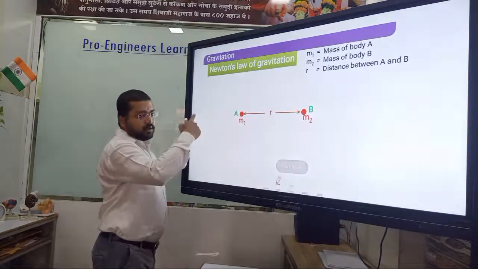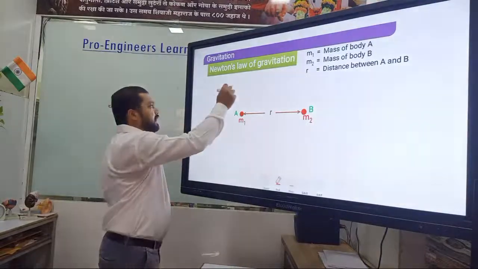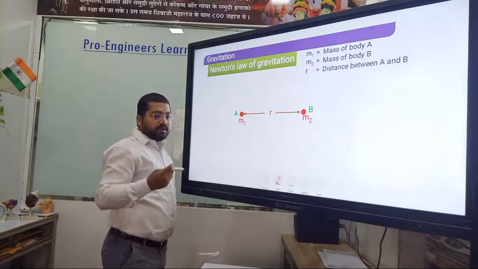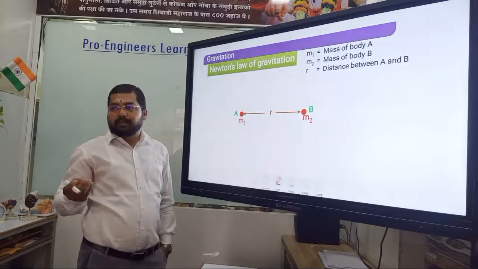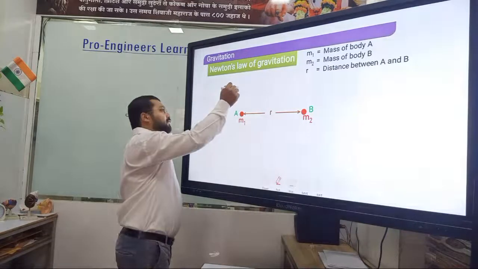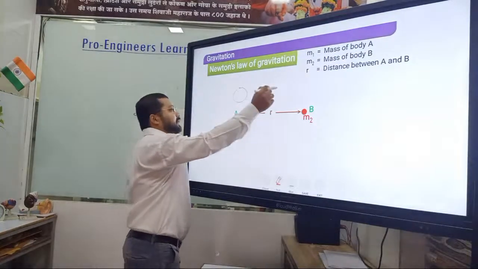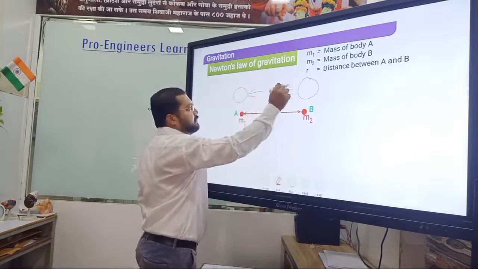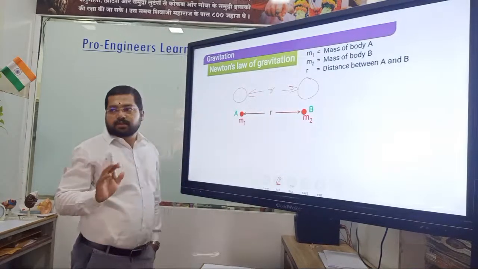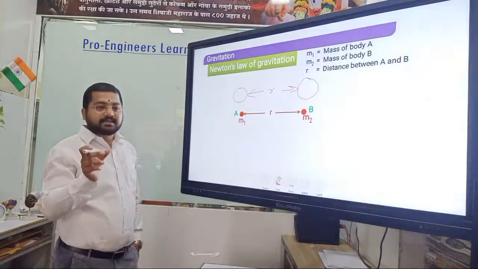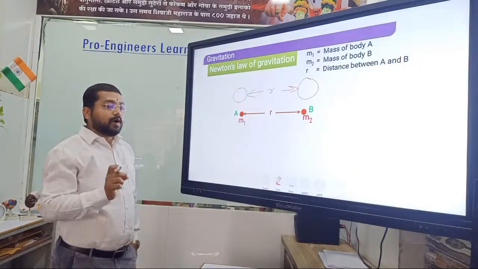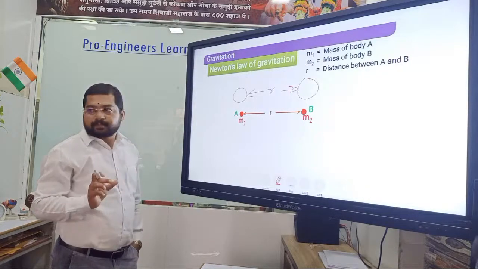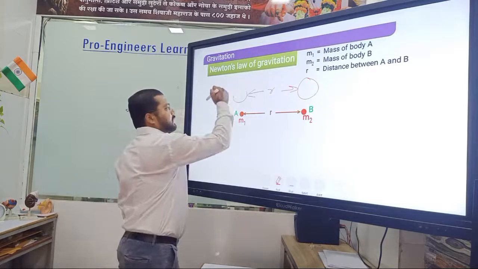While drawing this diagram, we have found, because we have checked a few board papers, that students draw A and B like this. It is not correct. The distance must be from the center of the object.